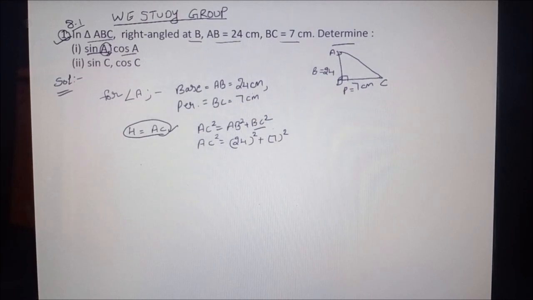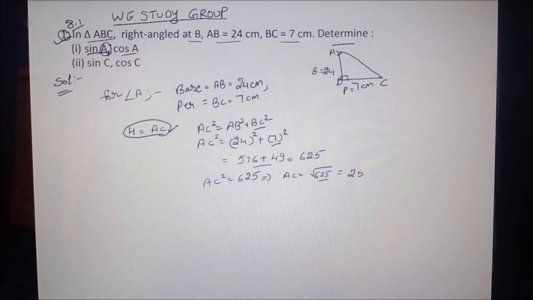Now value of 24 the square is equal to 576 plus 7 the square 49. Their sum is equal to 625. Now AC square is equal to 625. So it implies value of AC is equal to under root 625 and value of under root 625 is equal to 25. So value of AC is equal to 25.